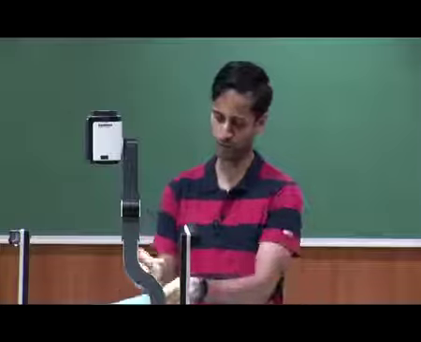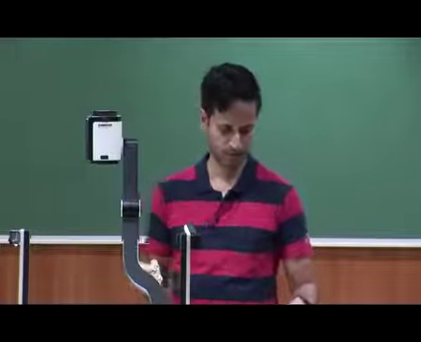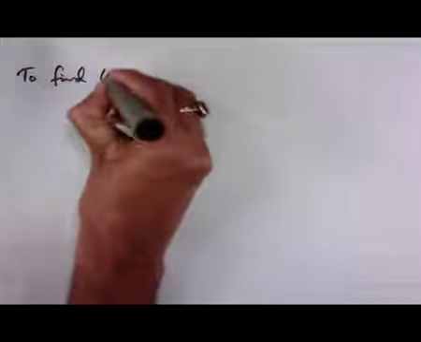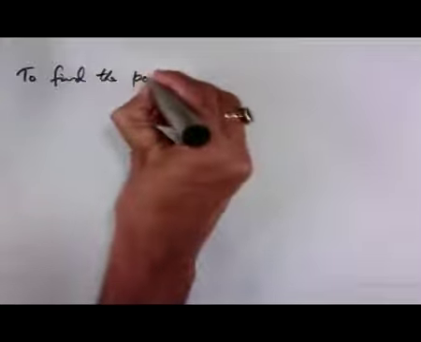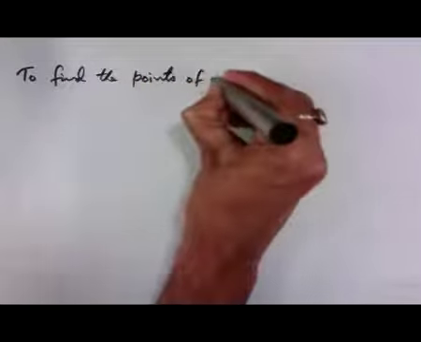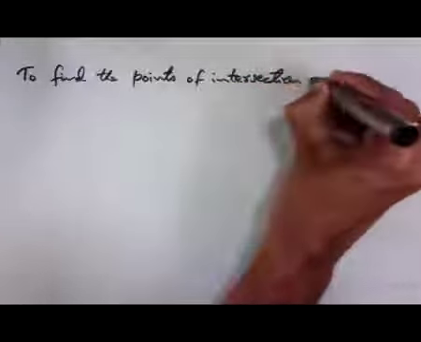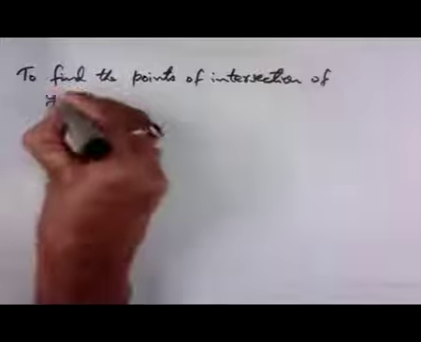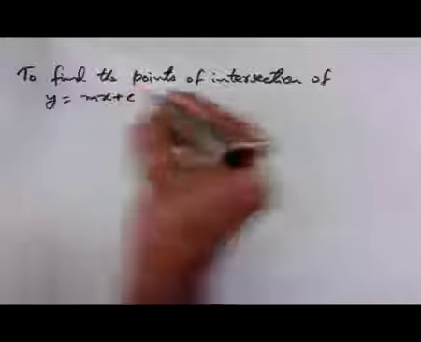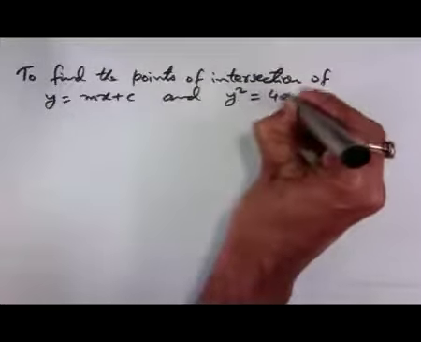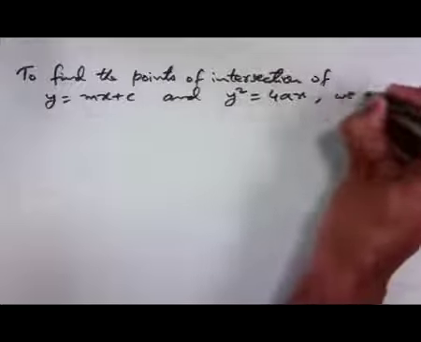So, to find the points of intersection of y equal to m x plus c and parabola y square equal to 4 a x, we solve.